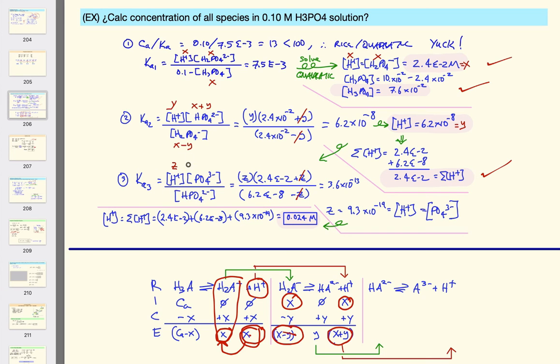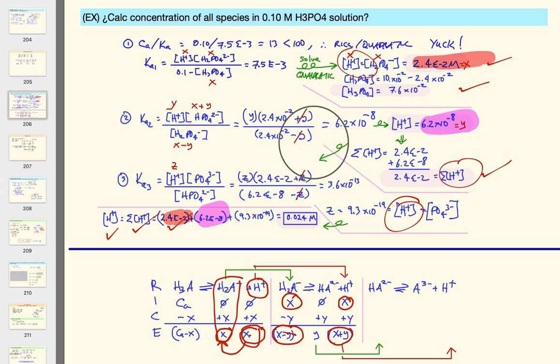Finally, I do it a third time. Instead of calling the change X, or calling the change Y, this time we're going to call the change Z and work through it one more time. I now have three equations where I have determined H plus concentrations. So now it's just a matter of what is your H plus concentration for this solution? It's the sum of all of your H pluses from each step, which is this number plus this number plus this number.